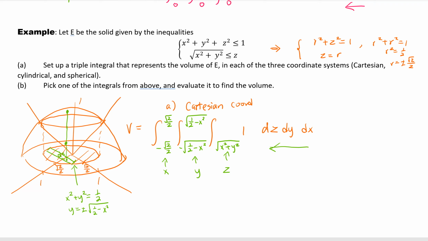The top point is on the sphere, so z equals the square root of 1 minus x squared minus y squared. Okay, so this is the rectangular coordinates. So far so good, everybody? Okay, let's continue.